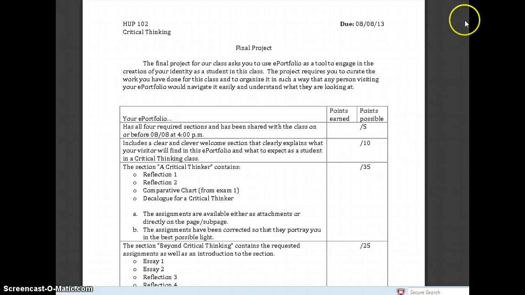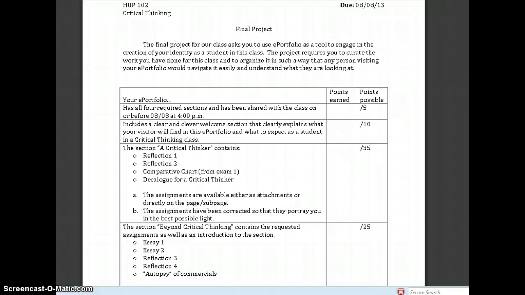For this project then, you are going to create an e-portfolio. Depending on which class you're taking with me, you'll have an e-portfolio session either on Monday or on Tuesday. On that session, the person who is going to be working with us is going to teach you how to create an e-portfolio that is going to be only for this class.